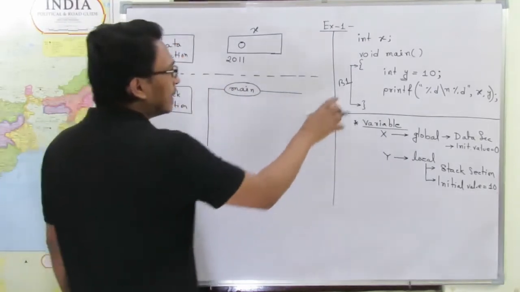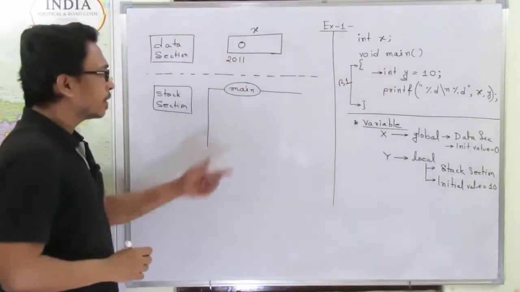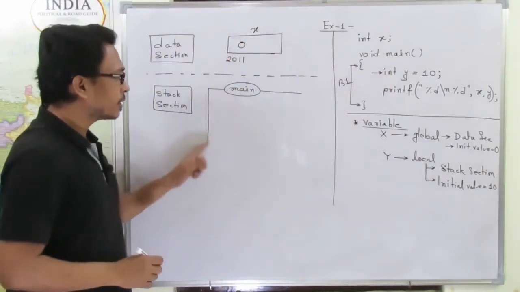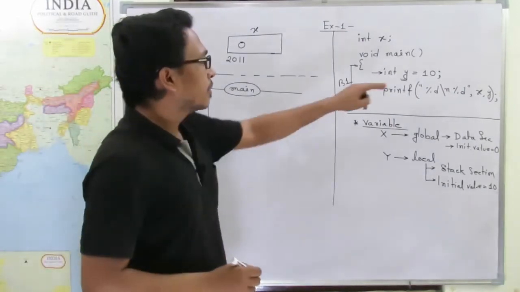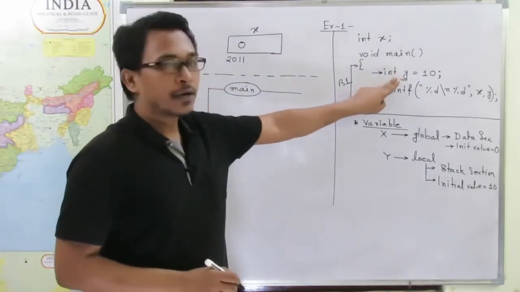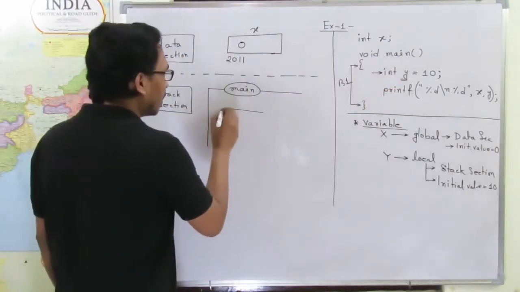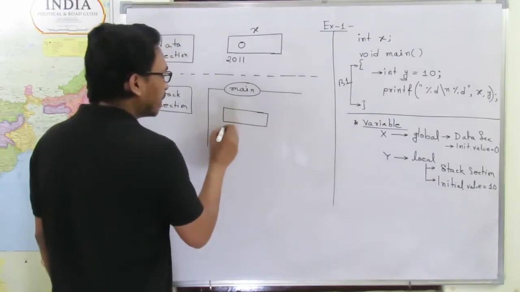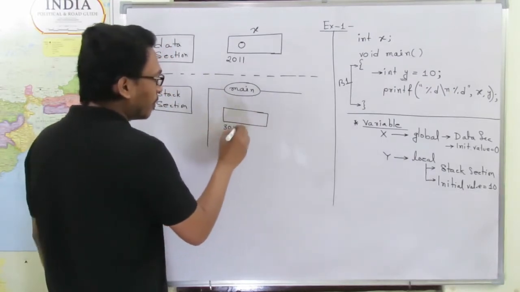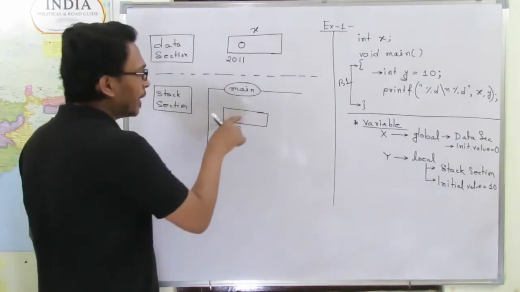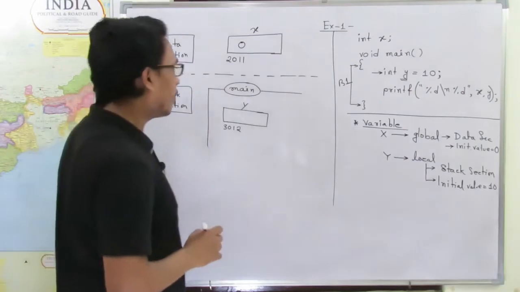Now inside this main block we declare a variable y. That means from this segment of the main block, memory will be allocated for this variable y. From this memory block, a 4-byte memory block will be selected, let's say its base address is 3012, and we identify this memory block with the variable name y.